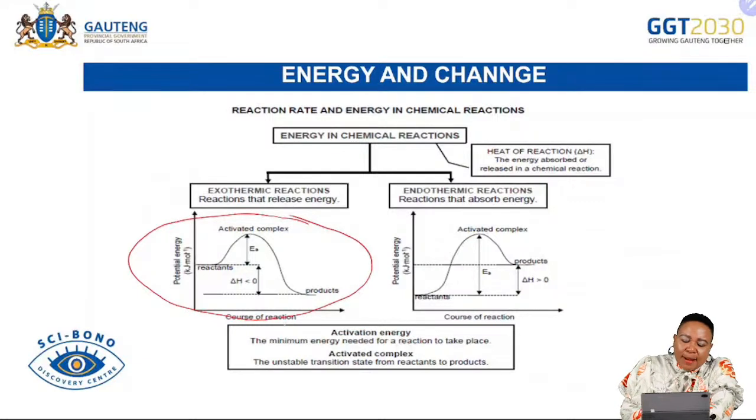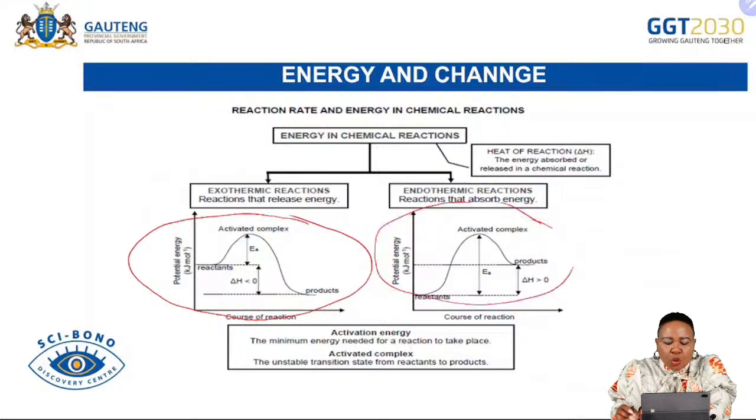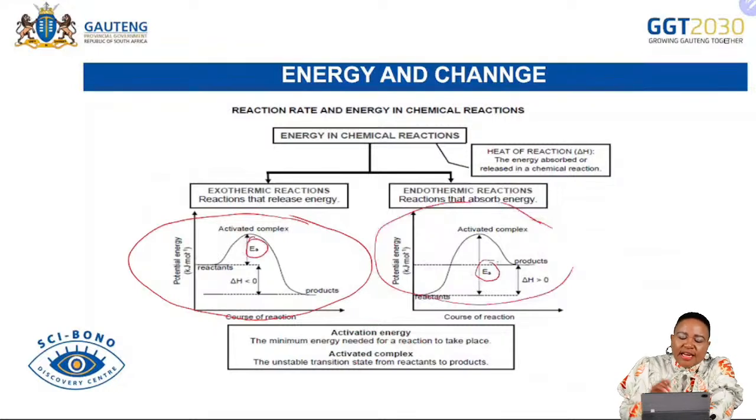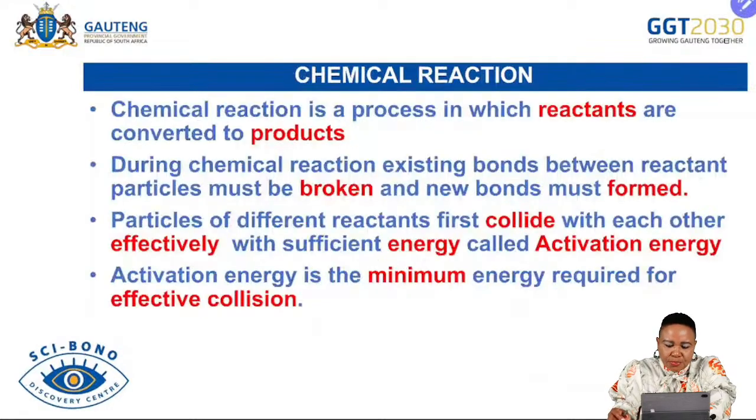This is an example of the exothermic graph, and the opposite is the endothermic graph. We need to go back and remember, because this is also an examinable concept from grade 11, the difference between an exothermic graph and an endothermic graph, not forgetting that there will definitely be activation energy needed for the reaction to take place.